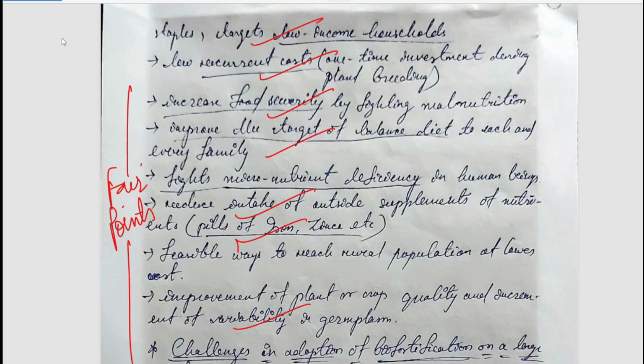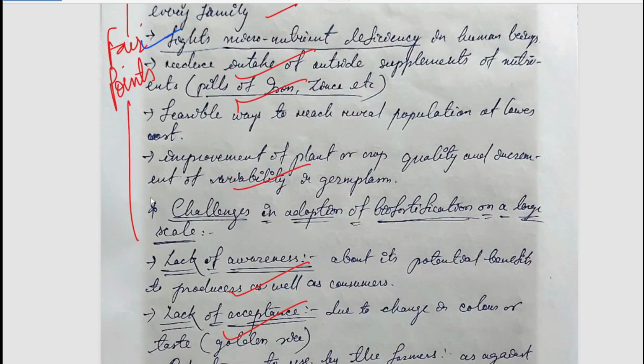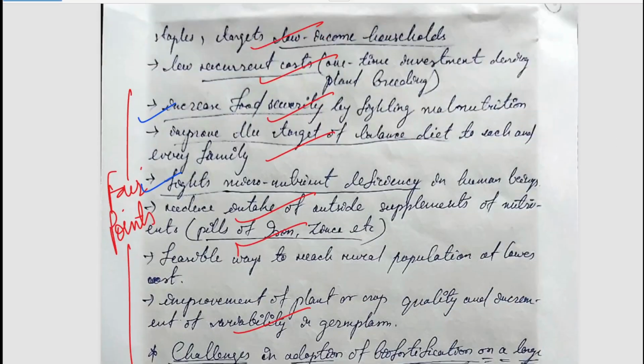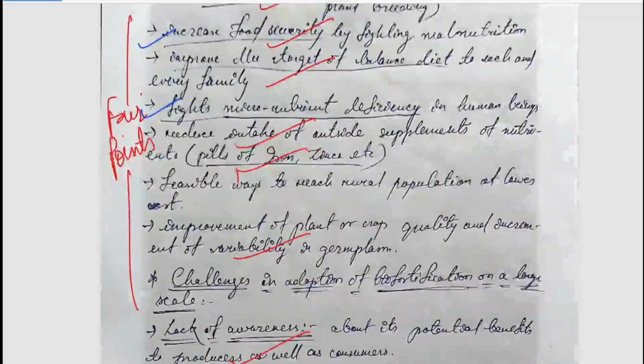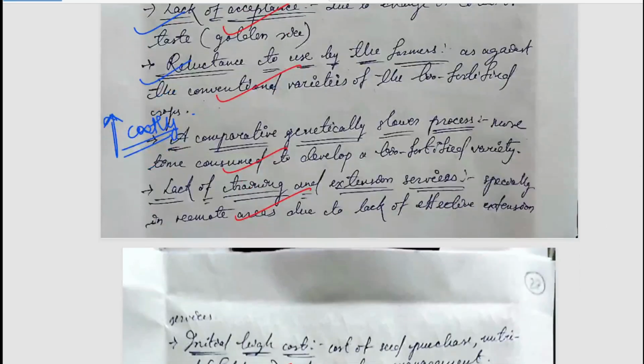Its benefits obviously are increased food security. Then you will see micronutrient deficiency can be reduced. So these are well written points on benefits. As challenges: lack of awareness, lack of acceptance, reluctance to use by farmers. One more challenge can be that generally biofortified crops are a bit costly as compared to conventional crops.